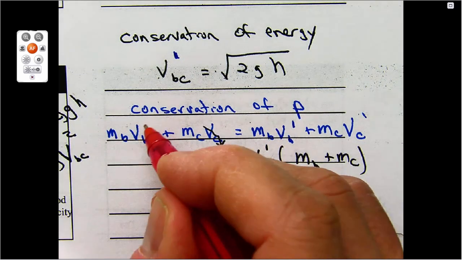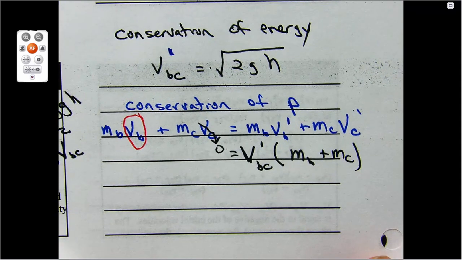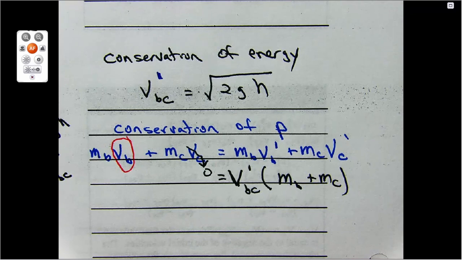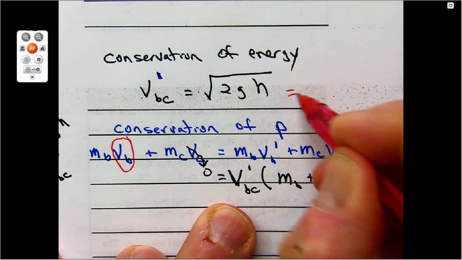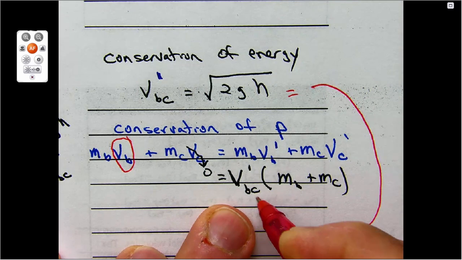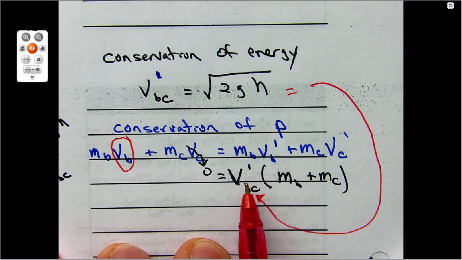So we are looking for the muzzle velocity of this ball tomorrow. We'll use conservation of energy to figure this out. We can solve this side of our momentum equation.